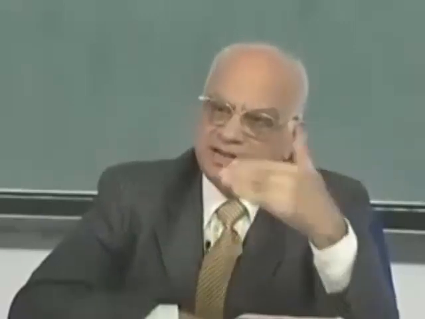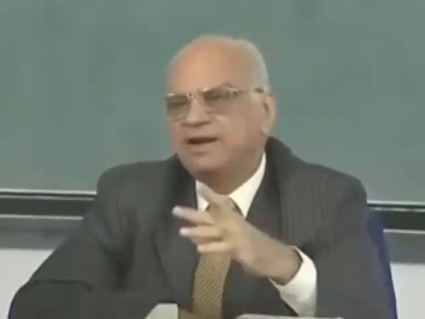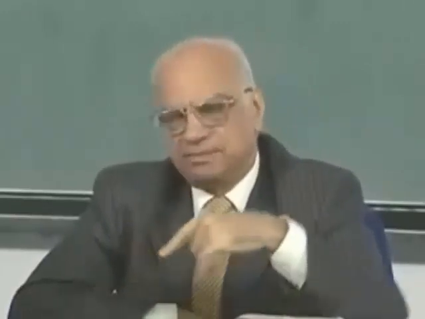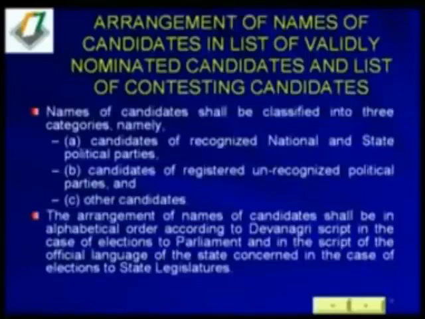Then we come to the second stage, where again the alphabetical arrangement will be among those candidates set up by the registered parties which are not recognized. Then ultimately come the names of the candidates who are independents. But the serial numbers will run on. Supposing in the first category there are 3, and in the registered parties there are another 3, it will not again be 1, 2, 3, but 4, 5, 6.